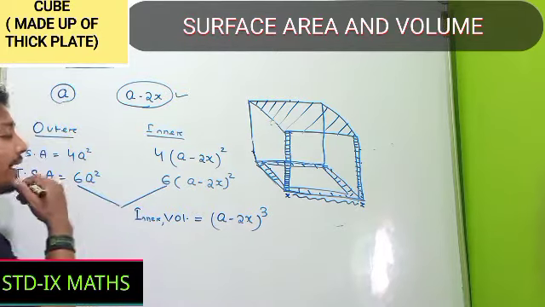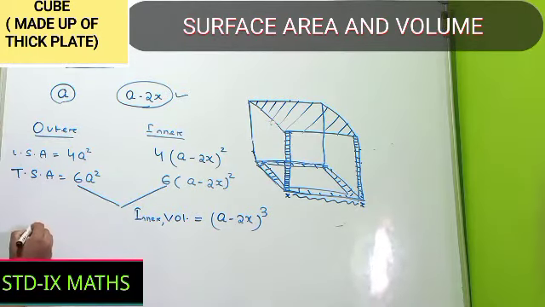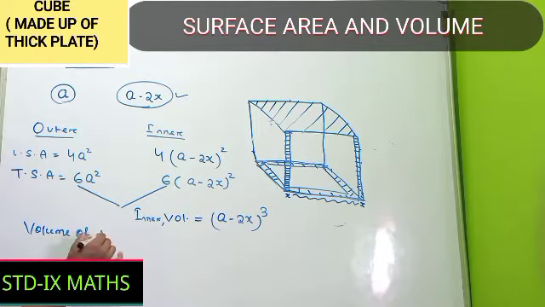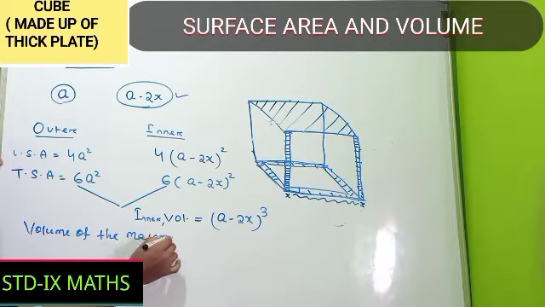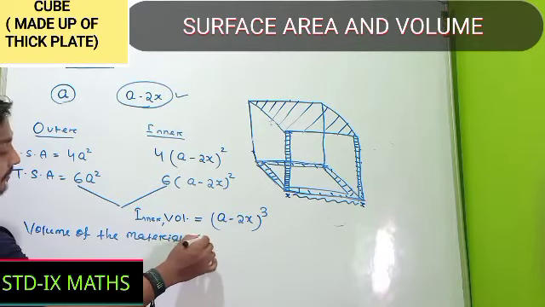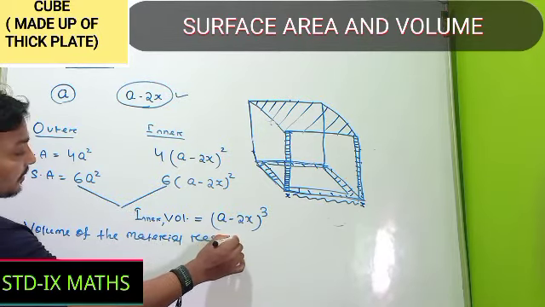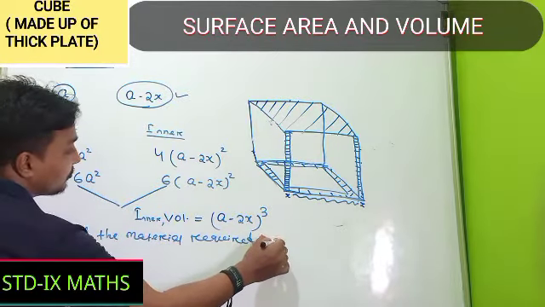So there the formula, remember, is for material volume. It is called the volume of the material required, otherwise used.